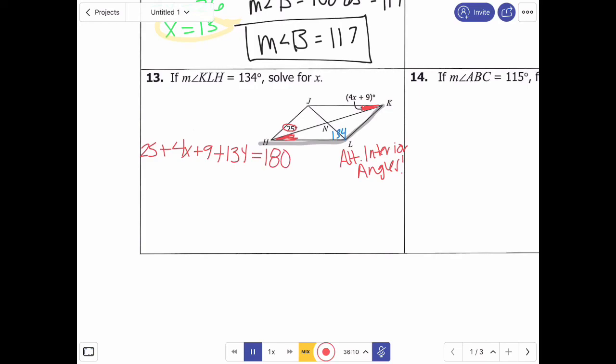So I have 25 plus 9 plus 134. And I get 168 plus 4x equals 180. Then I'm going to subtract 168. 4x equals 12. And so then x equals 3, because 12 divided by 4 equals 3.